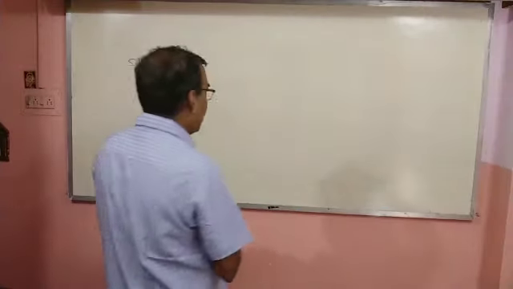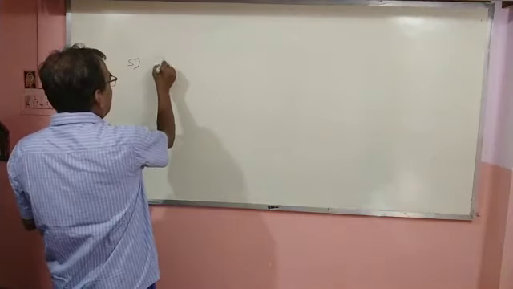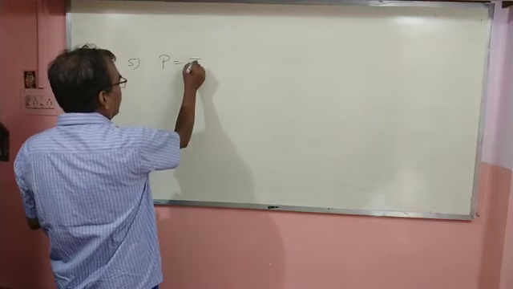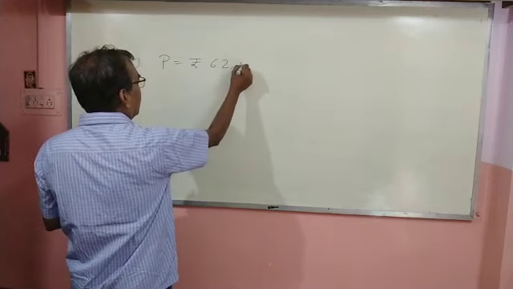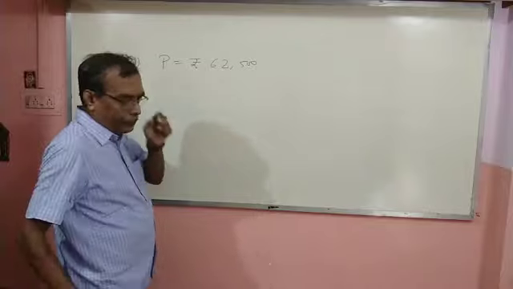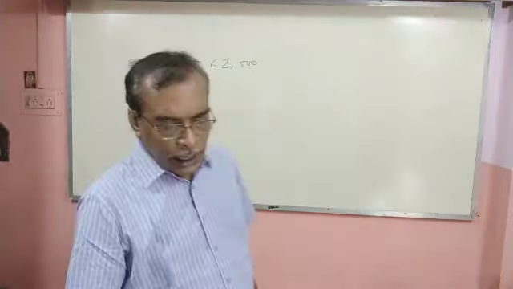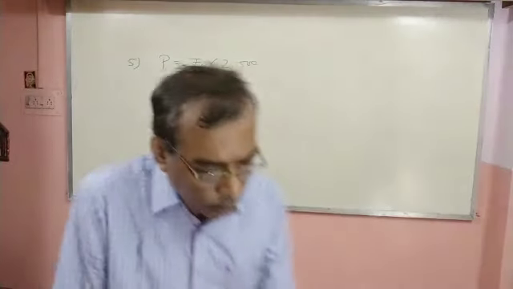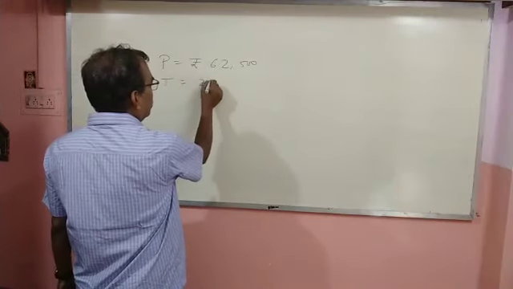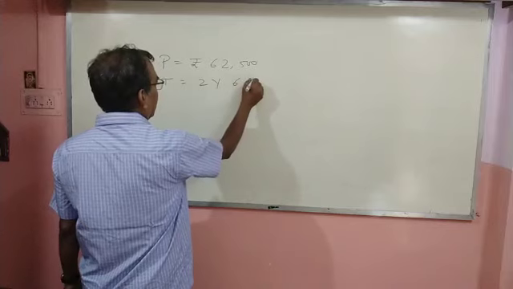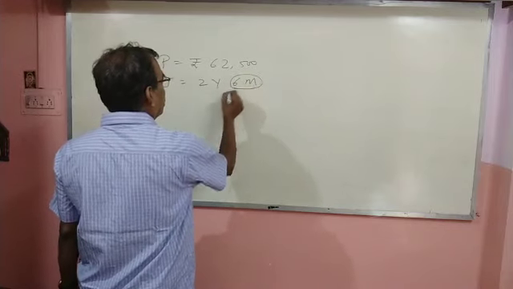So the principal amount is rupees 62,500, and time is given as 2 years 6 months. This month you will have to change into year.